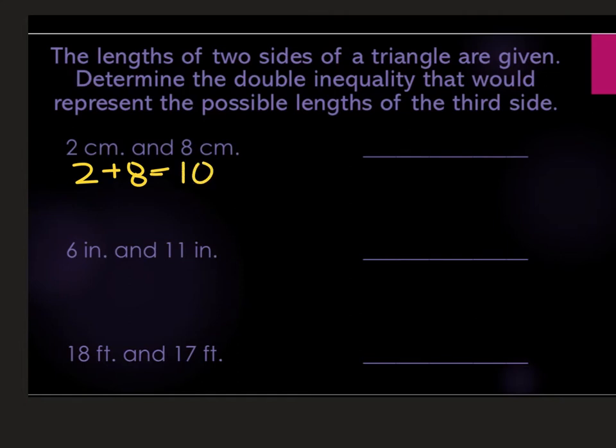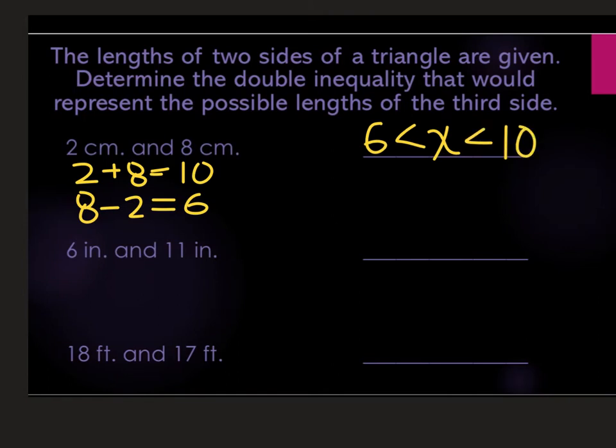So my side length can be anything below 10, and then we take our two side lengths again, and we subtract them, and we get 6. So what that tells me is my x value, or my third side length, has to be greater than 6, but has to be less than 10 for it to make a triangle.